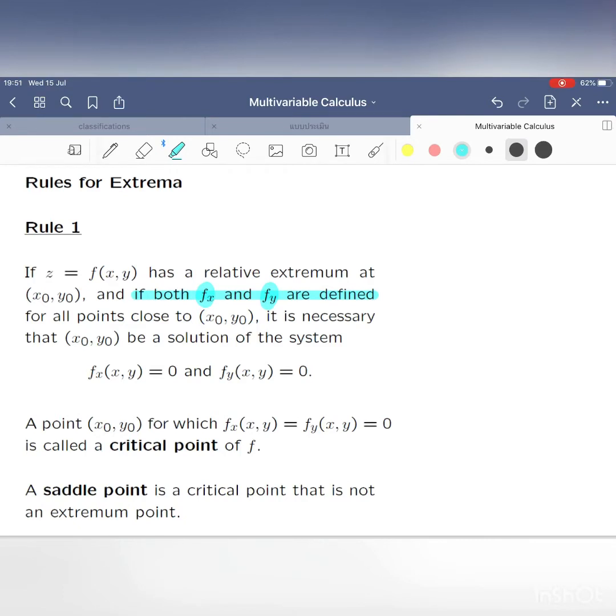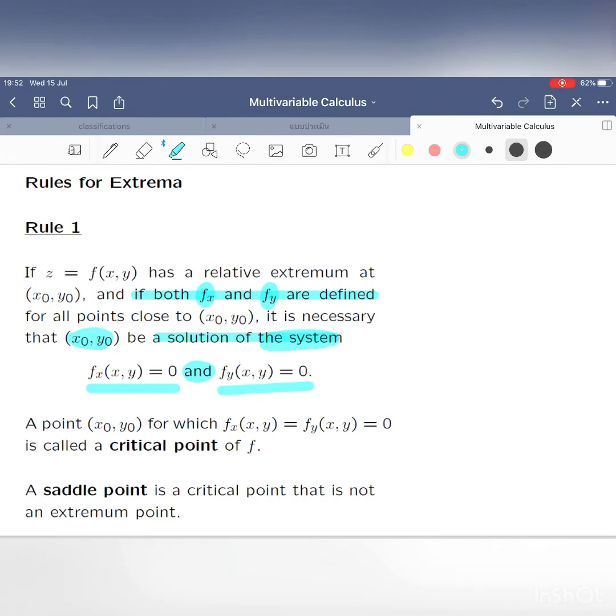Then at this point x0, y0, it is necessary that it must be a solution of the system f sub x at the point x, y equals 0 and f sub y at the point x, y equals 0. And by system it means that x0, y0 must satisfy both of them.